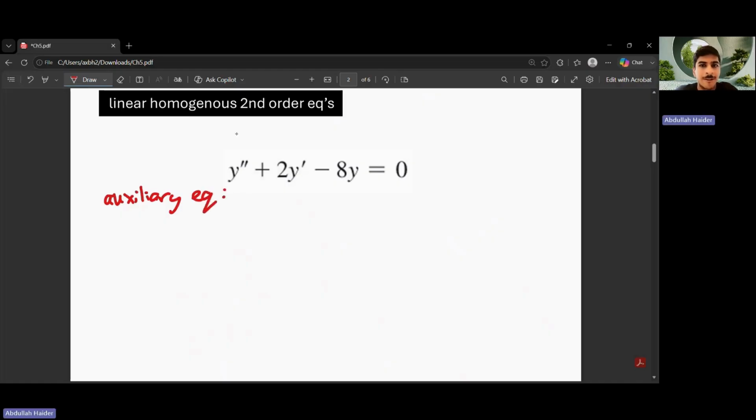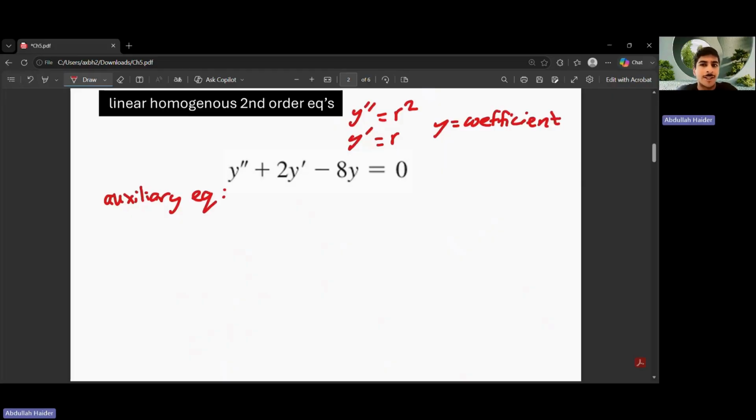In the auxiliary equation, you consider y double prime as r squared, y prime as r, and y as whatever the coefficient is beside it.